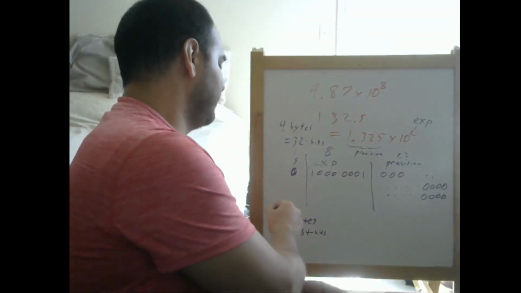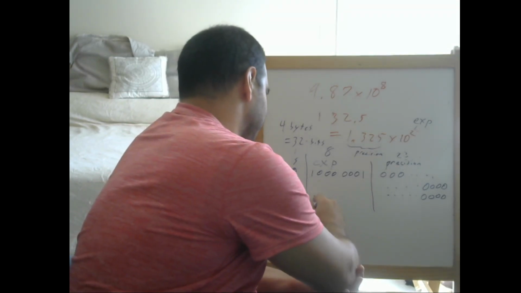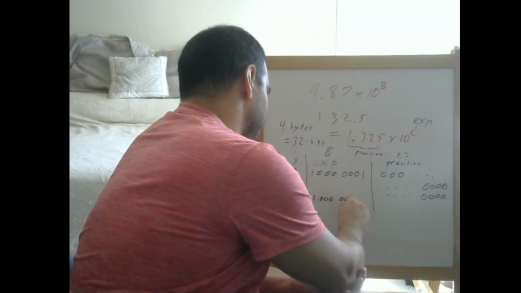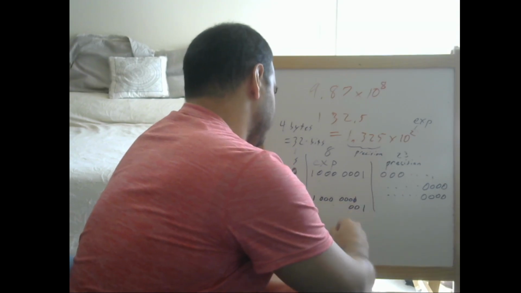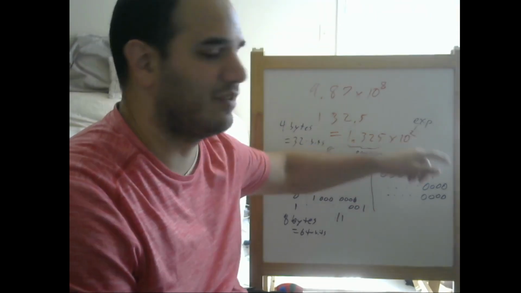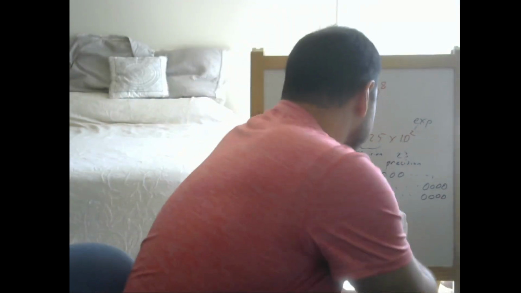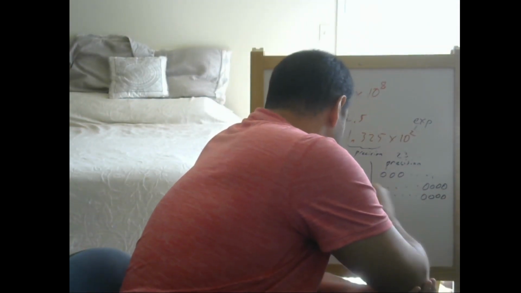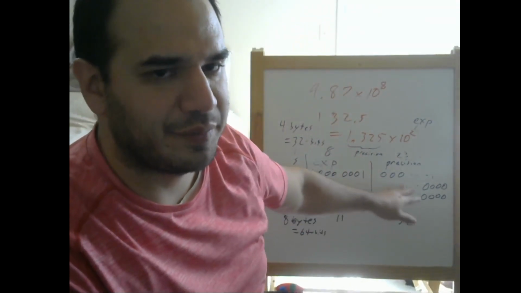And for that, we use 1, 11 bits for the exponent. Right, so this is now represented by an 11-bit number. And 52 bits for the precision.